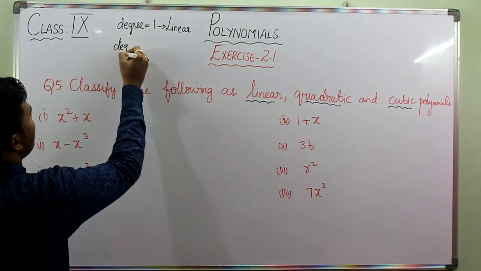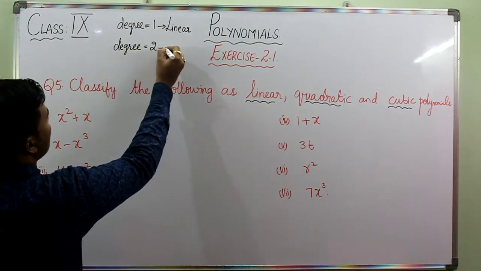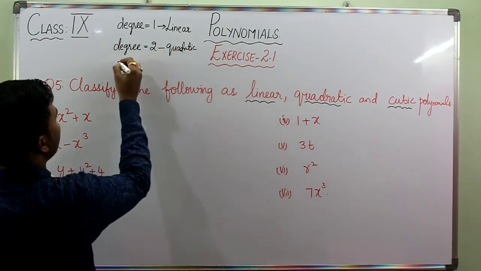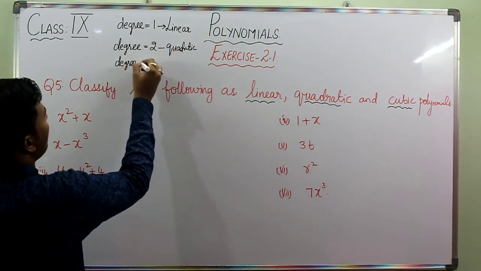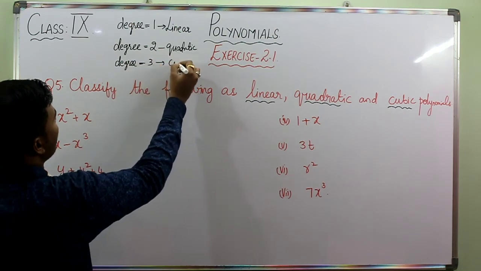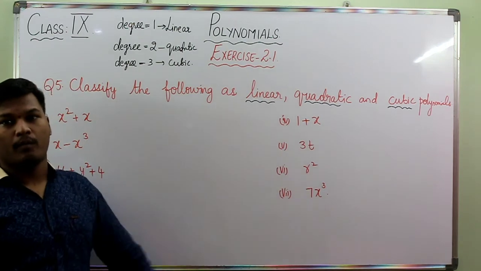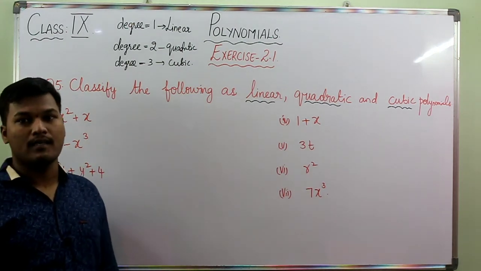Similarly, if the degree is 2, then we call it a quadratic polynomial. And if the degree is 3, then we call it a cubic polynomial. So here we are classifying the given polynomials based on the highest degree.